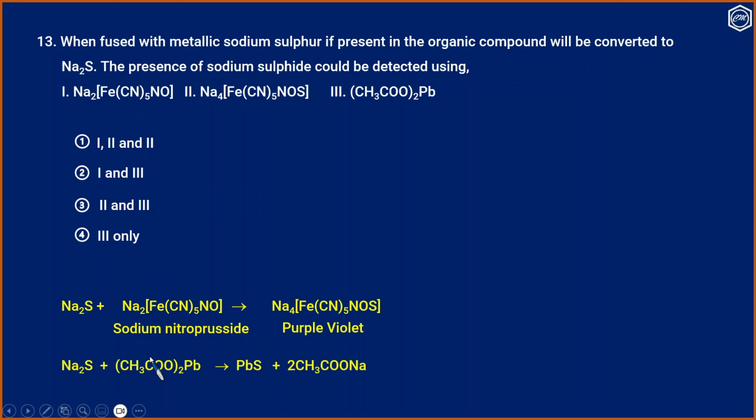Similarly, when we add lead acetate solution, it produces a black precipitate of lead sulfide. So these two reagents can be used for detecting the presence of sulfur. So the answer must be 1 and 3, second option. That is the correct answer.